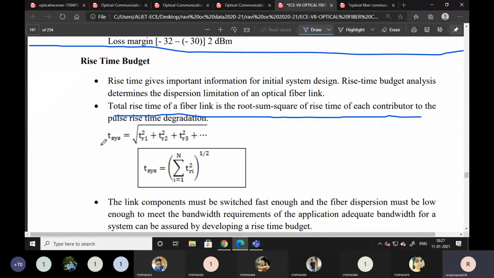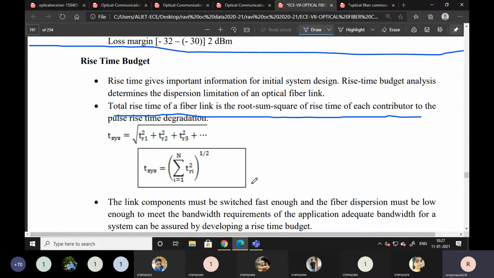The total rise time is given by the square root of the sum of the squares of the times. That is, T system, the system rise time, is equal to square root of T R1 square plus T R2 square plus T R3 square. This may be written as T system is equal to sigma i equal to 1 to n, T R i square, whole power 1 by 2.